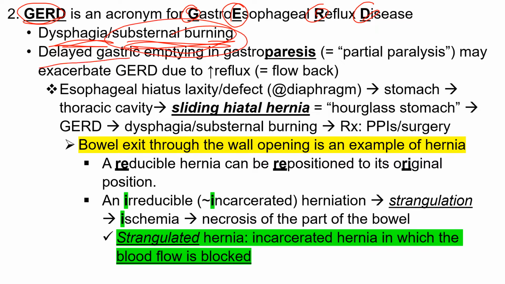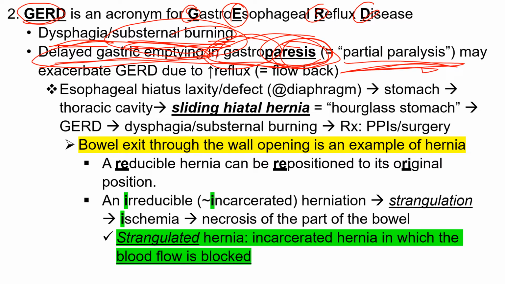Delayed gastric emptying is often seen in patients with peripheral neuropathy, such as in your favorite disease for NCLEX, diabetes, diabetic peripheral neuropathy. Patients have paresis, we're going to do the word paresis and paralysis in neuro. Gastroparesis is delayed gastric emptying. Partial paralysis, paresis. And GERD can actually be exacerbated, i.e. made worse, due to increased reflux because food is not flowing forward, so acid flows back.